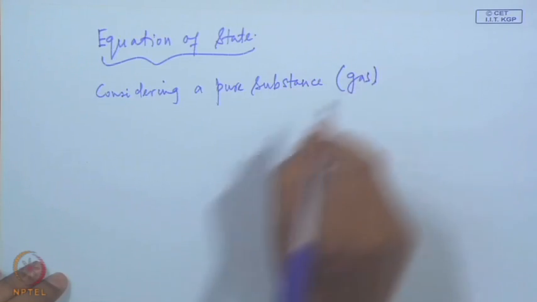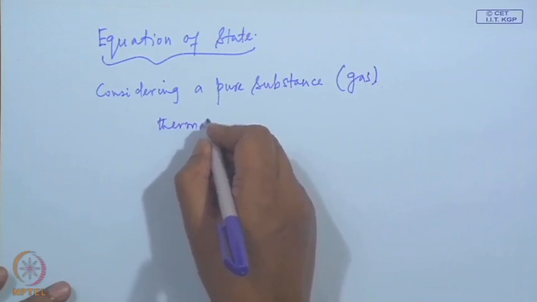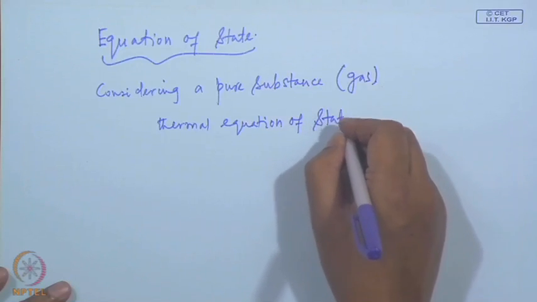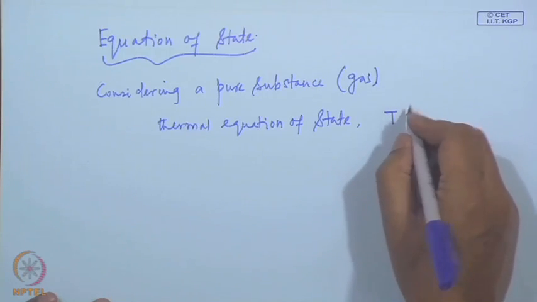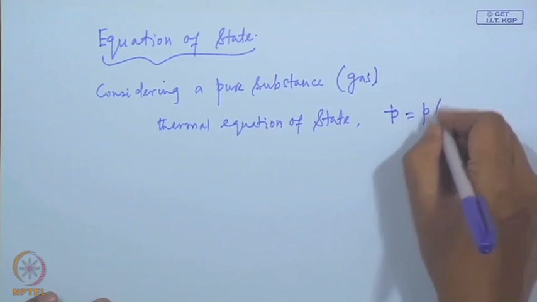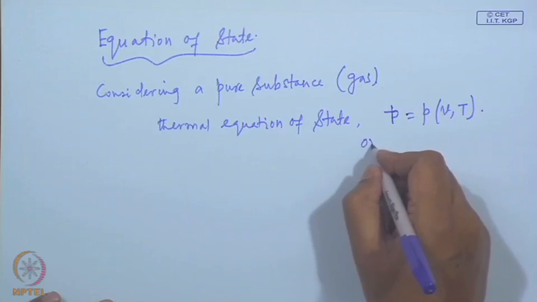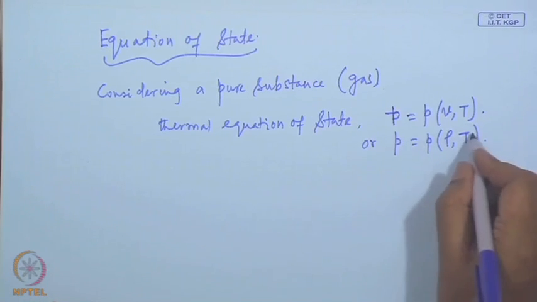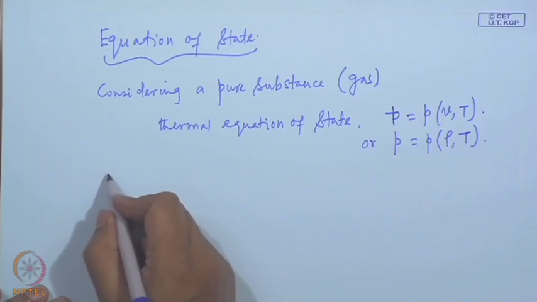So, it is gas. So, the thermal equation of state is, say, P is a function of specific volume and T, or for fluid dynamics, as we said, density is a more preferred variable than specific volume.